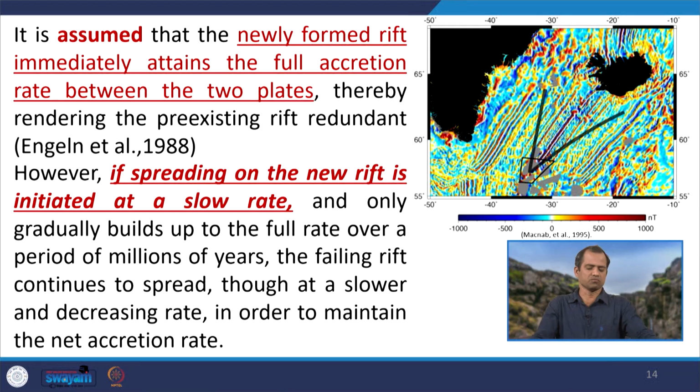So, it is assumed that the newly formed rift immediately attains the full accretion rate between the two plates, thereby rendering the pre-existing rift redundant.